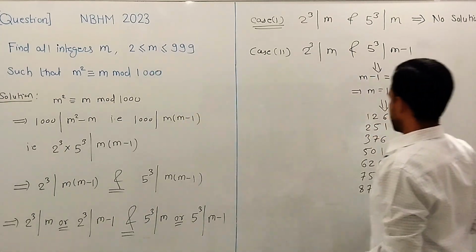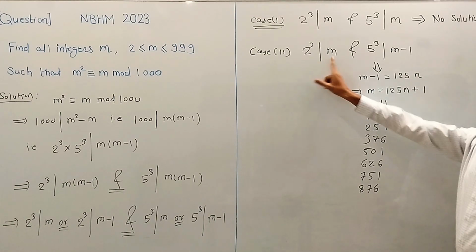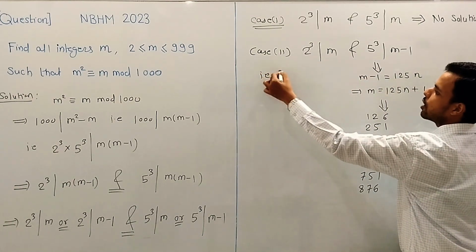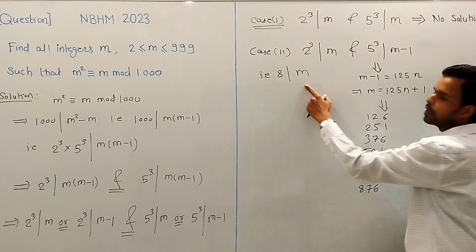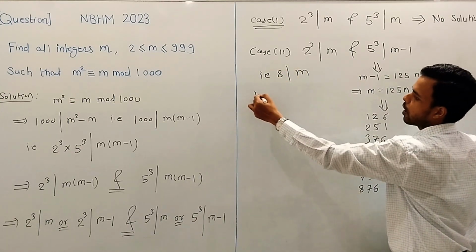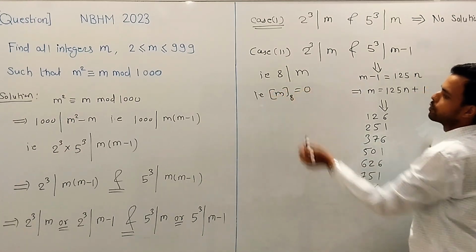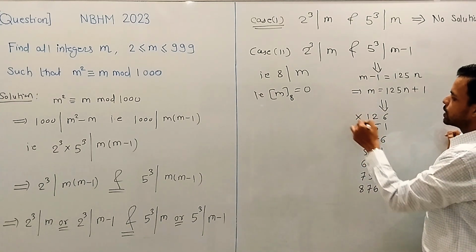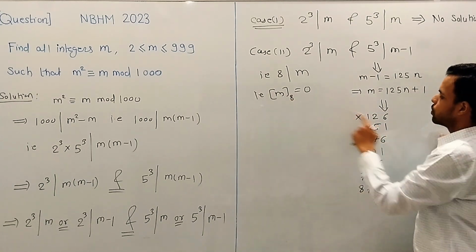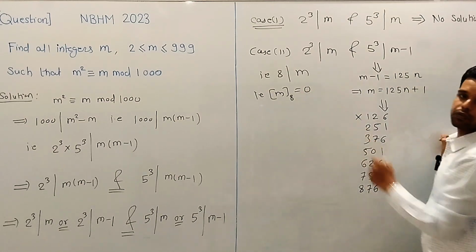Okay, but we have in this case 8 divides m. That is, values of m must also satisfy this condition, that is m modulo 8 is equal to 0. But you can verify that for m equals 126, 126 modulo 8 is not equal to 0.